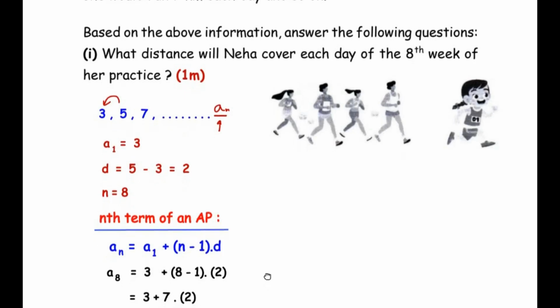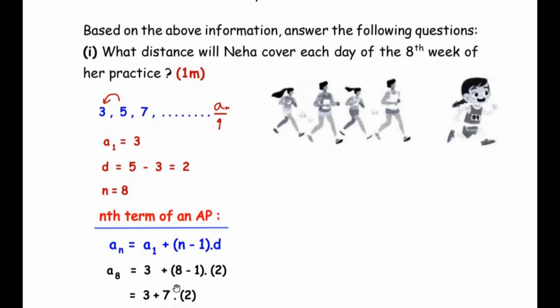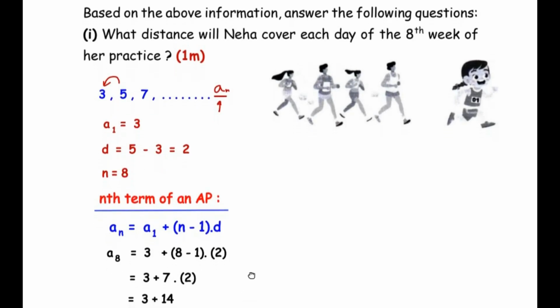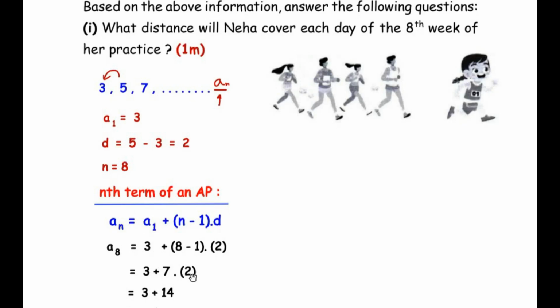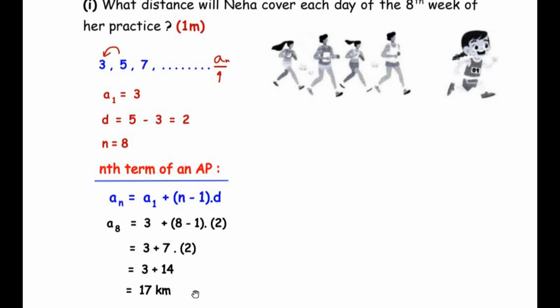Simplifying this, we get 3 plus 7 times 2. Further simplifying, 7 times 2 is 14. So 3 plus 14 is 17 km. Which means on each day of the 8th week, Neha is running 17 km per day. So this is our answer.